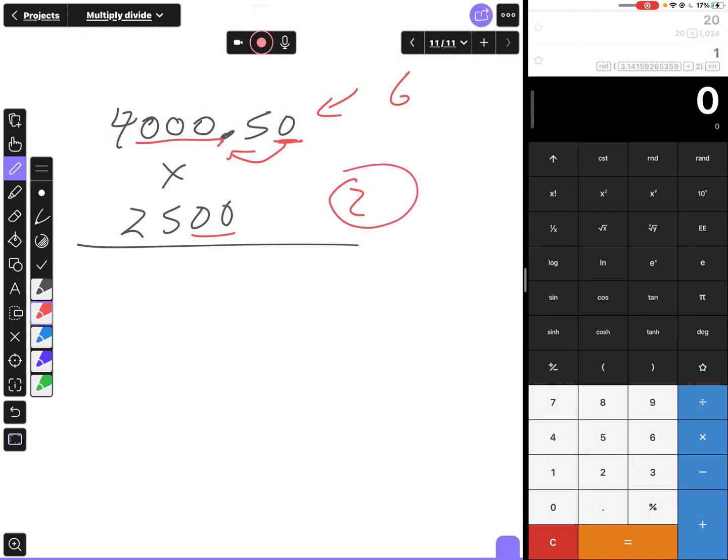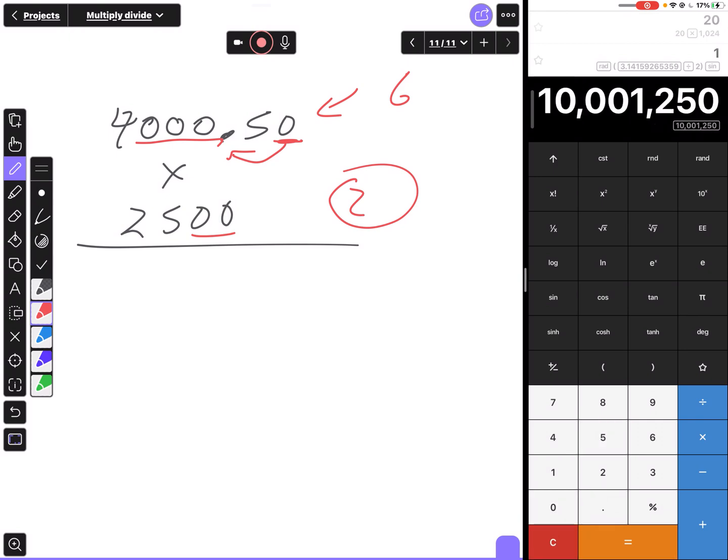So our answer needs to have two significant figures. Then we'll do the calculation. 4,000.50 times 2,500.